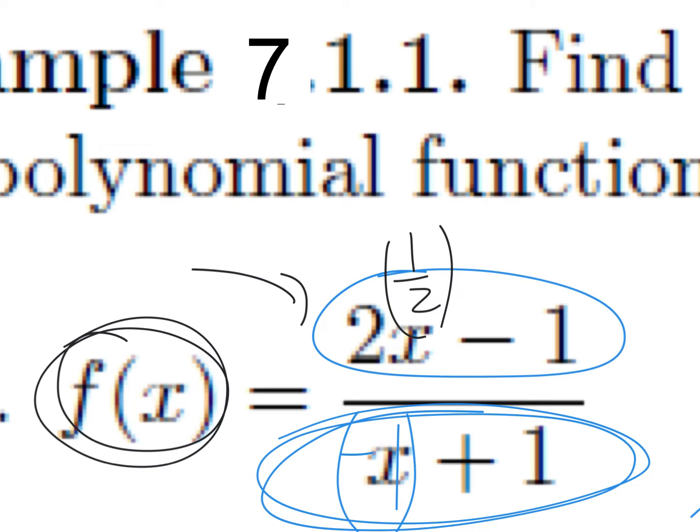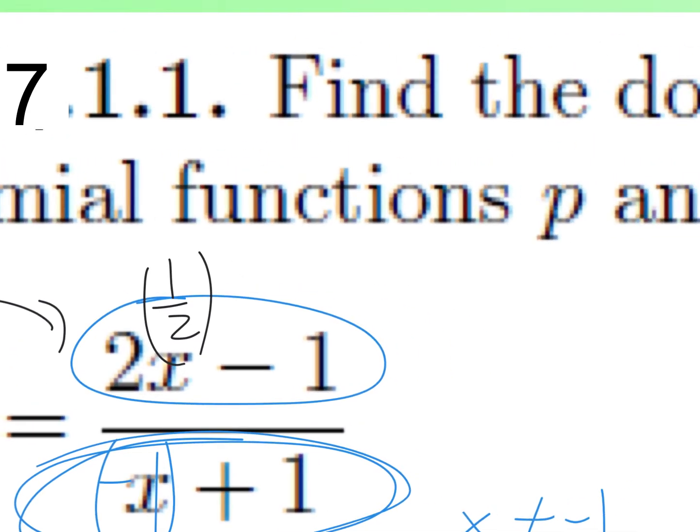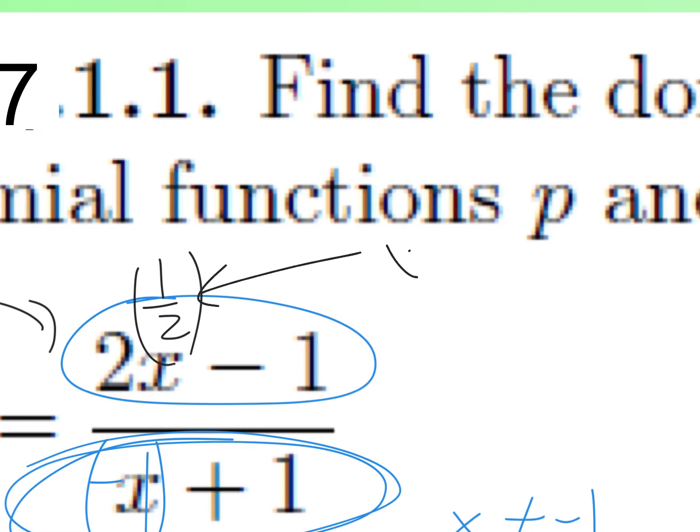What makes the f of x 0 is like what makes y 0. What makes y 0? X equals 1/2. Yes, x equals 1/2 makes y 0, but you're missing the point. There's a name for the thing that makes y 0. Yes? The x-intercept. Okay, so the 1/2 here is the x-intercept. It is not one of the asymptotes.